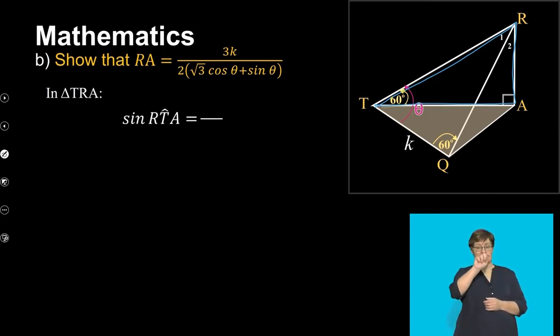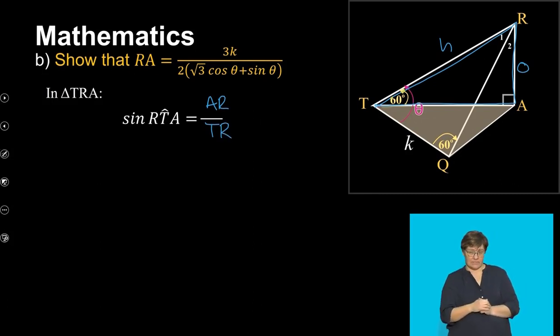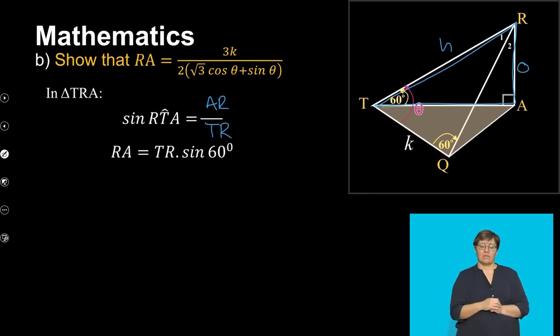So sine of 60 is equal to opposite over hypotenuse. So it's equal to AR over TR. Okay, so RA will equal TR times sine of 60.